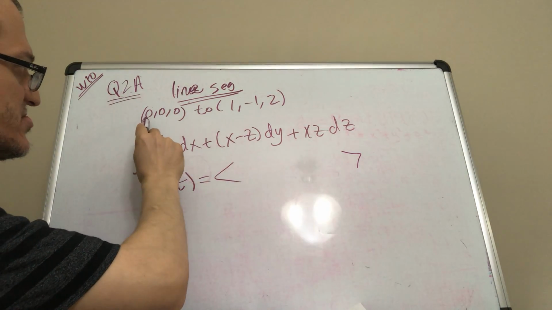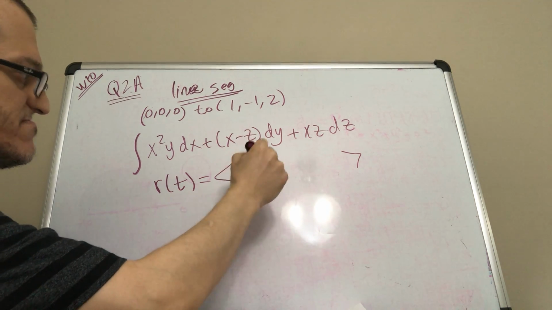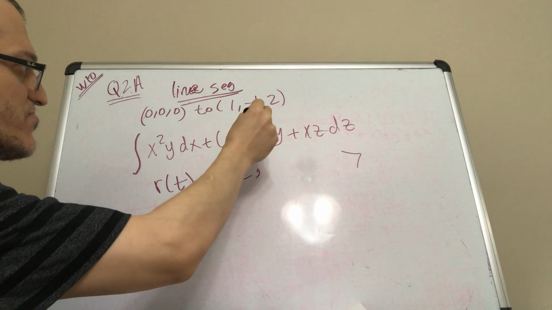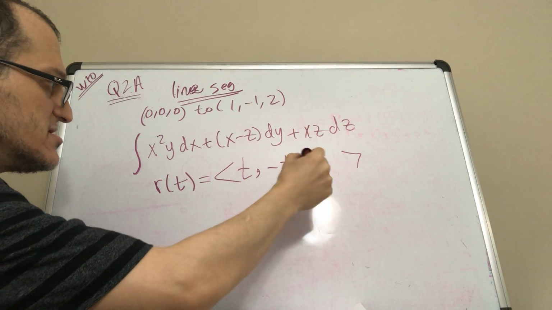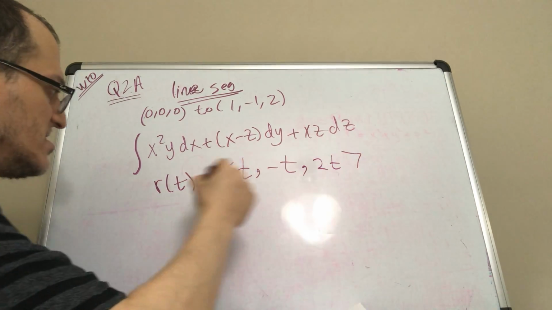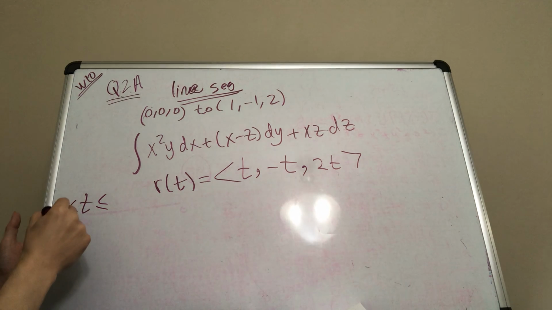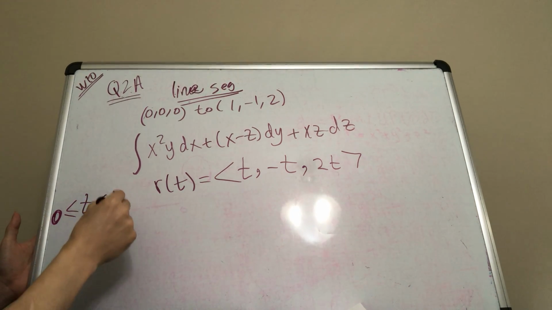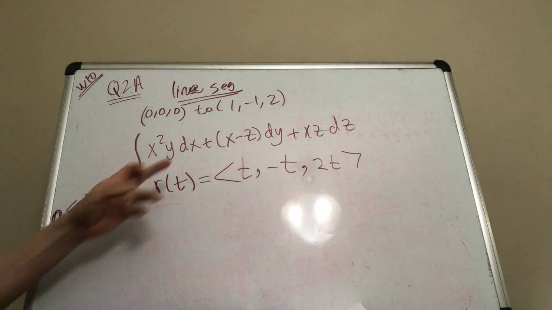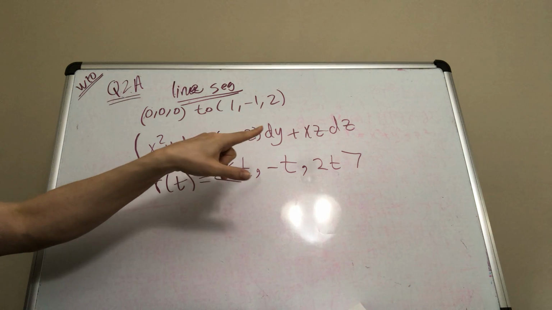If you plug 0, you get 0, you plug 1, you get 1, so it's t. You plug 0, you get 0, you plug 1, it's minus t, and 2t, where t is between 0 and 1. But remember, there is no ds, rather they give you dx, dy, dz.